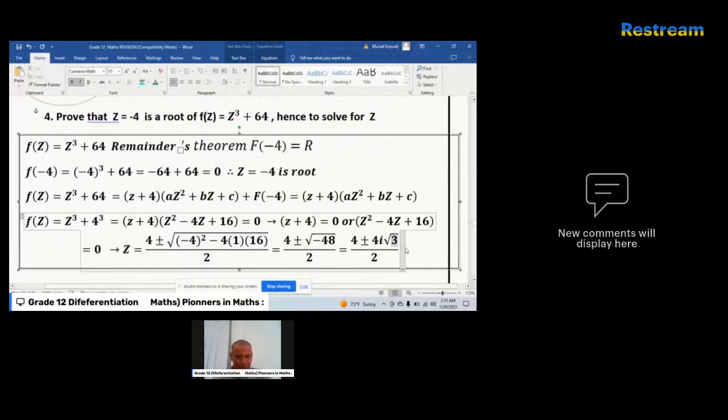Therefore I simplify this. I can also simplify by making the imaginary part i here. I will just write now the last answer, so we have two roots.